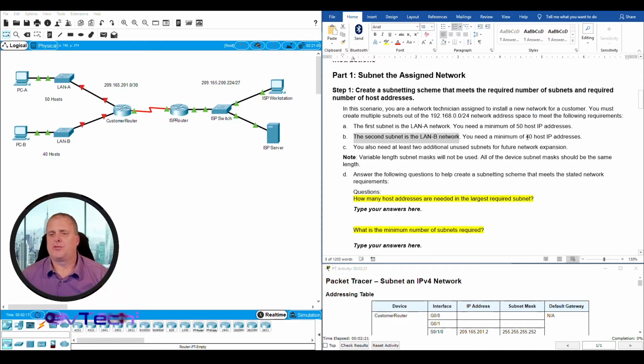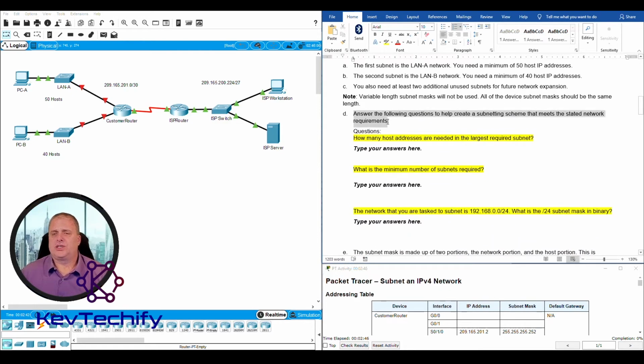You need a minimum of 40 host IP addresses on that network. C, you also need 2 additional unused subnets for future expansion. We're planning that our company is going to grow, you're making money, and we want to add more devices onto your network. That's what we're looking at.